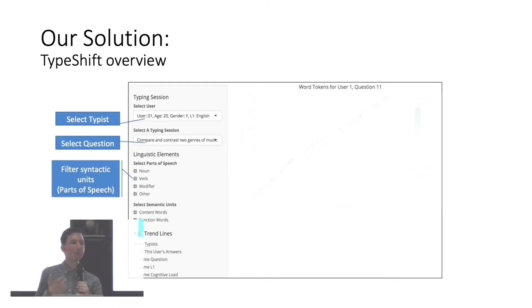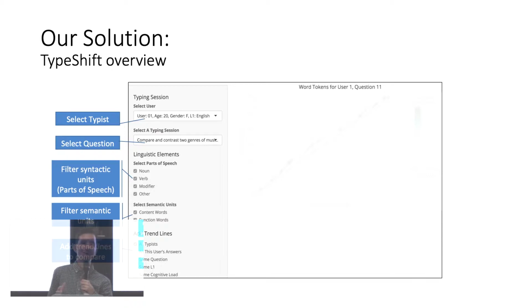You can unlock syntactic units, so are they typing nouns differently than verbs? And you can do a similar thing with semantic units. So content words are words like blue, green, fast, slow, run, crawl. These have meaning. Function words are things like determiners or connectors: the, and, that. And these each have their own psychological meanings, so you can isolate them as you choose.